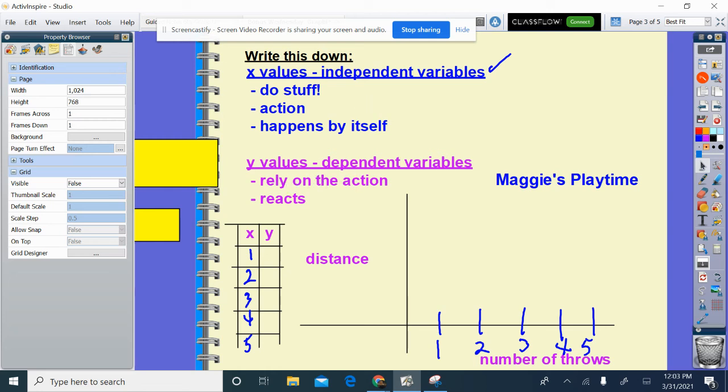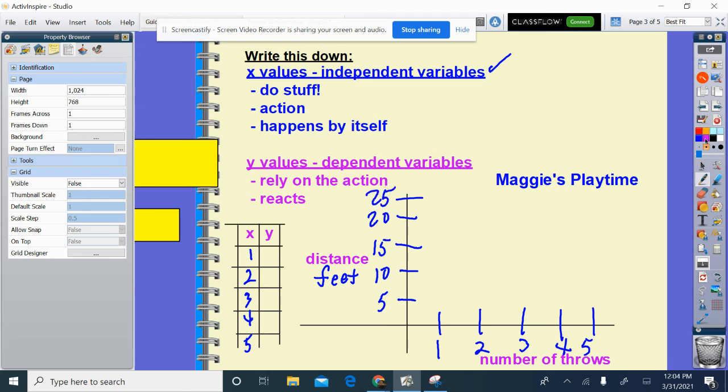It reacts. So if I'm throwing the ball, what's a natural reaction? Well, the reaction would be, how far does it go? And that's what I'm going to graph here on the y-axis. And I'm going to do that in feet. And now here I'm going to use a scale by counting by 5s.